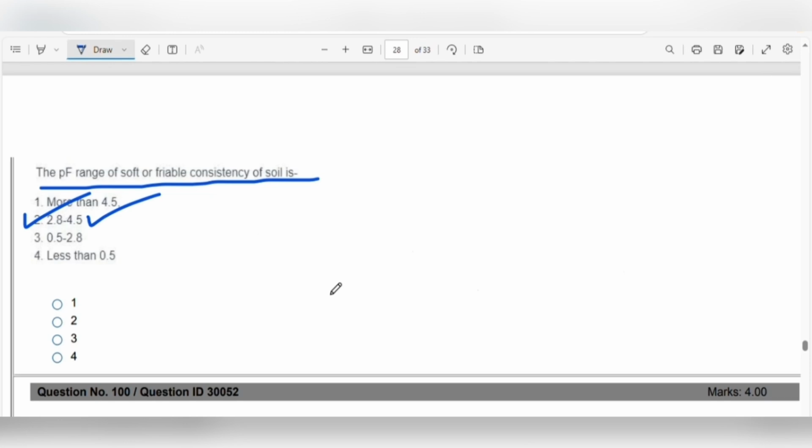Plants cannot use it, and any water less than this range will not be available to the plants, because it will have such a high tension or suction in the soil that plant roots will be unable to extract that water. All right, so option 2 is the correct answer, and this is the range of soft or friable consistency of soil.